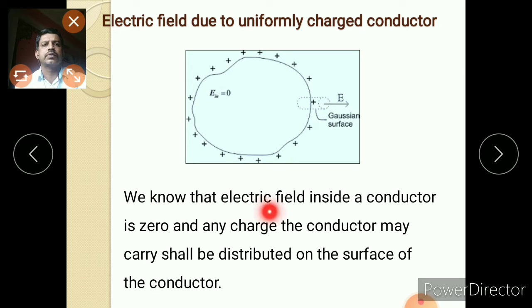We know that the electric field inside a conductor is zero, and any charge the conductor may carry shall be distributed on the surface of the conductor. So here, on the surface of the conductor, the charge is uniformly distributed, and inside the conductor the charge is zero.